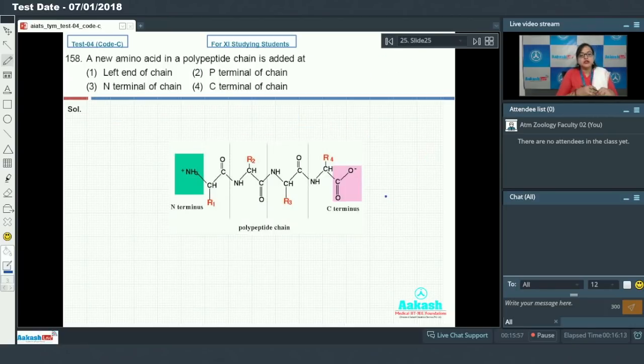Question 158. A new amino acid in a polypeptide chain is added at.